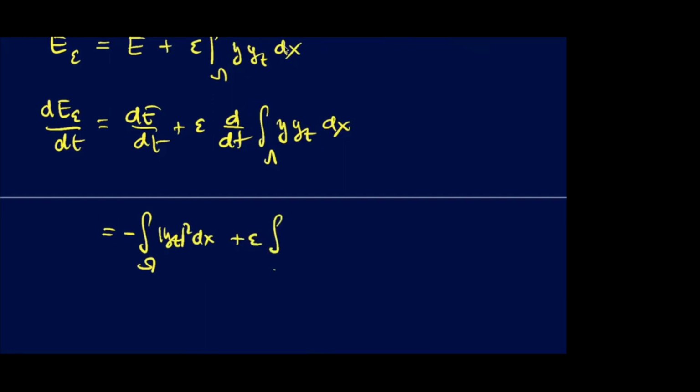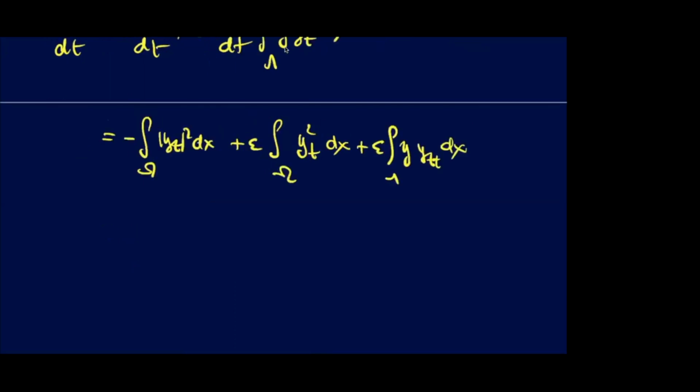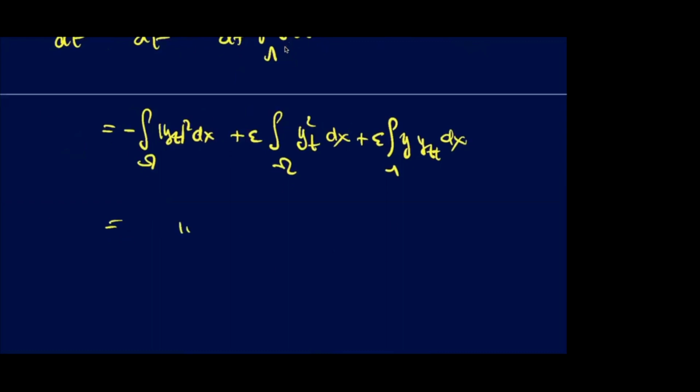Now, when I take the derivative in time of YYT, the first term will be YT, derivative of Y, so it will give me YT squared, right? And the second one will be the integral over omega of YYTT. But YTT, so this remains the same.